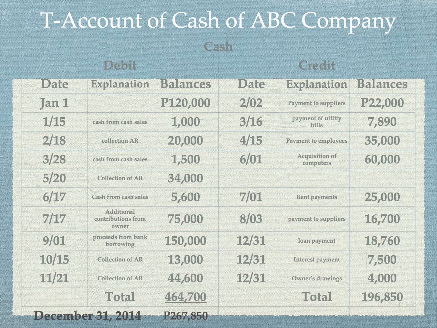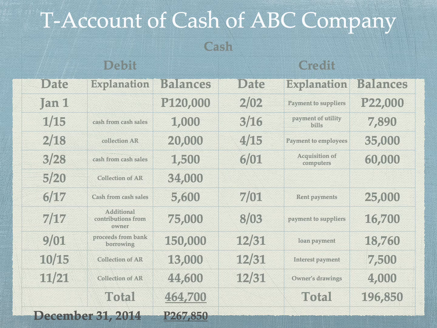So, mostly ang mga nakalagay dito ay yung mga payments to suppliers, payment of utility bills, payment of employee salary, rent payment, payment to suppliers. Ito yung nagbayad ka ng accounts payable mo, loan payment, interest payment, even the owner's drawing.